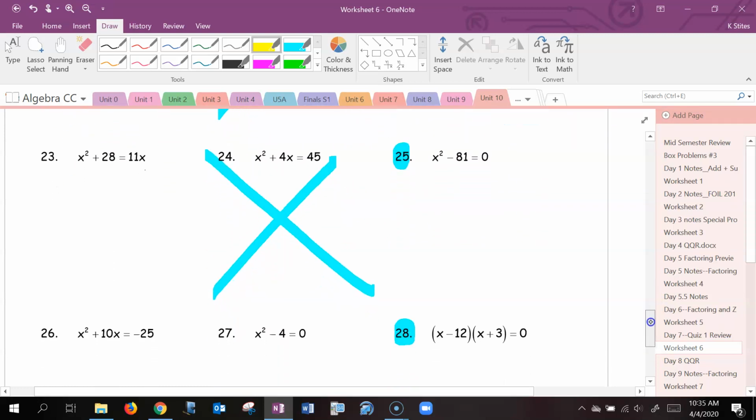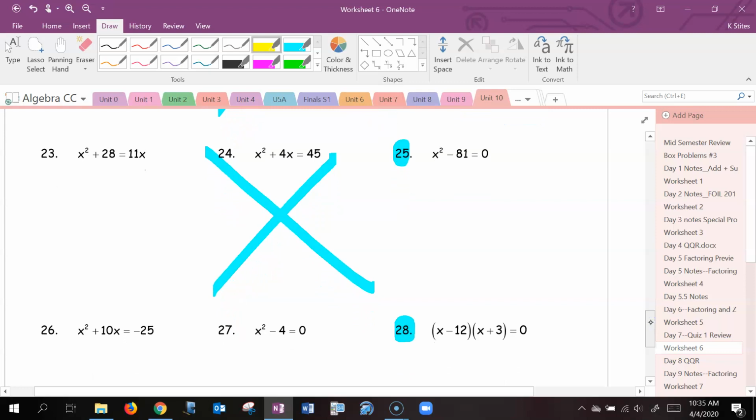All right, so we're going to do 3 more together, 23, 26, and 27, and you are responsible for doing 25 and 28. 23. We will subtract our 11x over first. That's going to go in the middle, because it's the x.